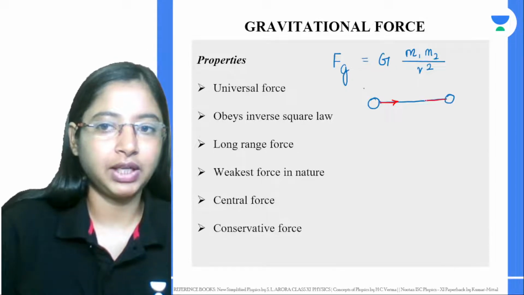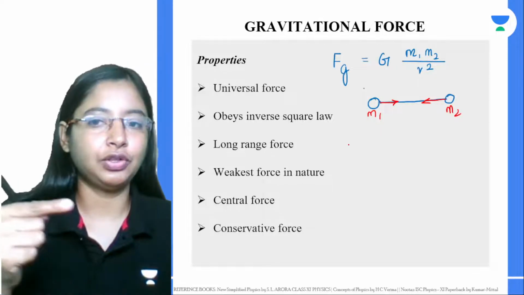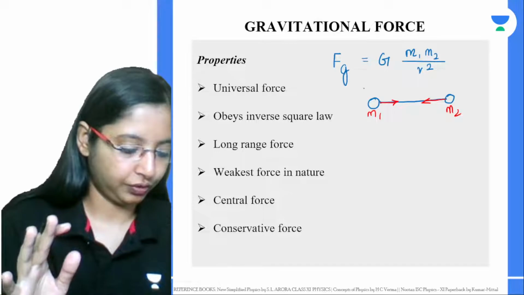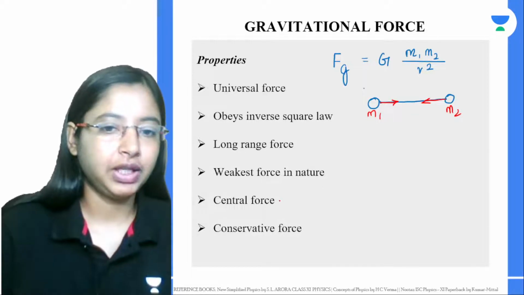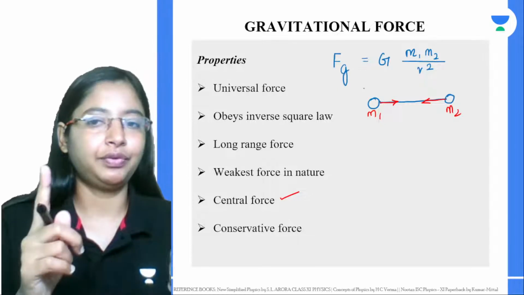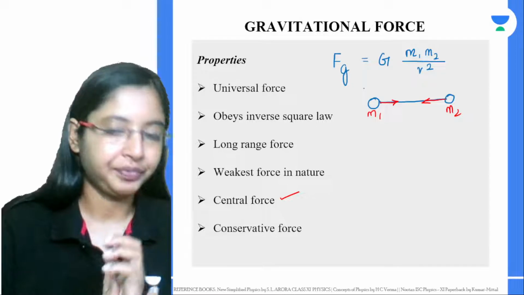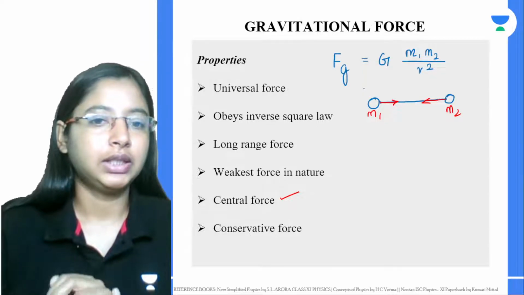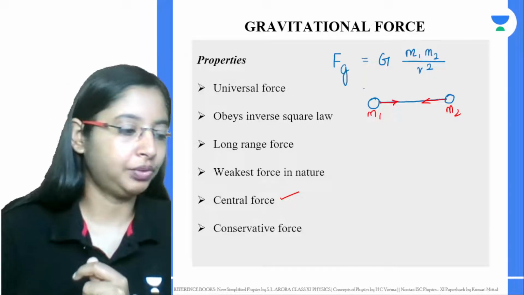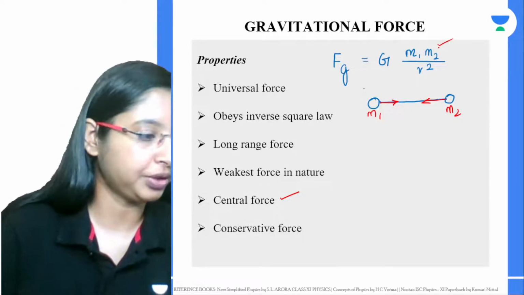So the forces always act along the line joining the two objects. Because of that, they are called central forces. Whenever you have a force acting along the line joining the two objects, we say it is a central force. To calculate the force value, you can use this equation.